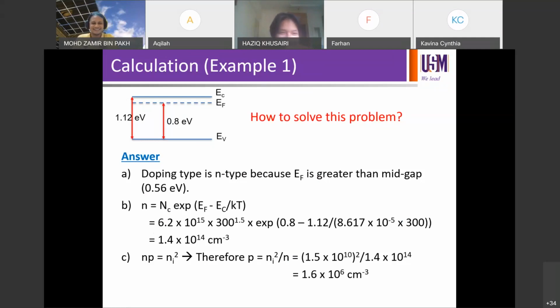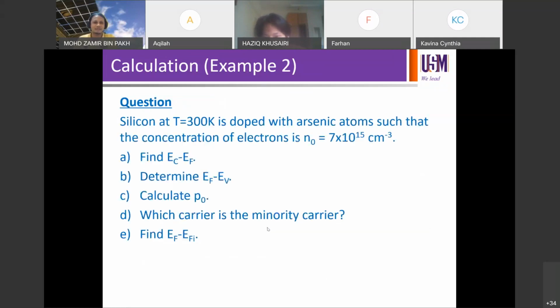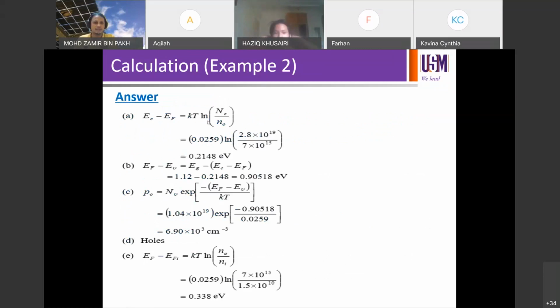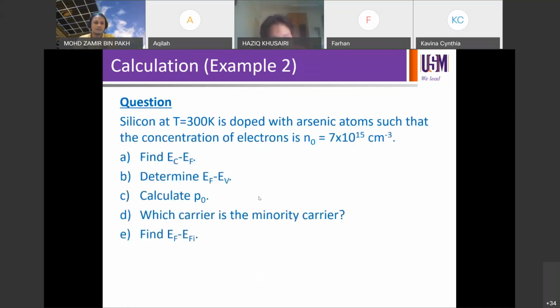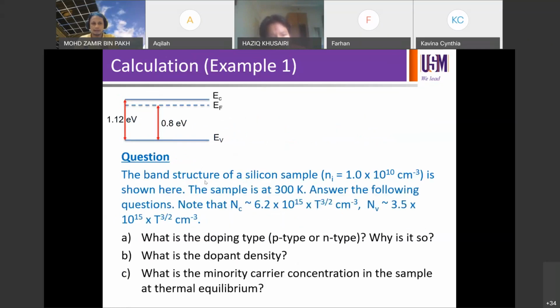All right. So I leave you with calculation number 2 and 3. Example number 2 and 3 is given already. For example, in number 2 you can use the density of states, NC, NV. My tip for this sort of question: when you're given the information, first draw the band diagram, the band structure.